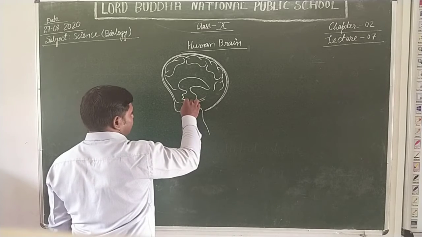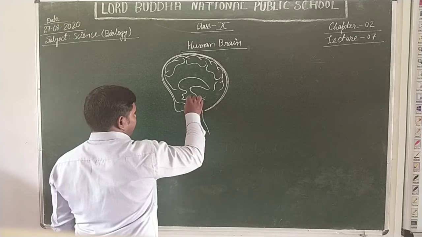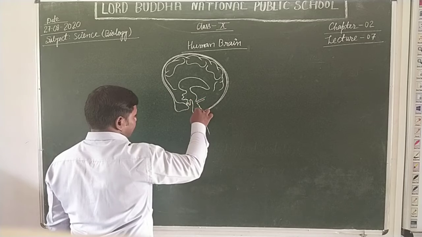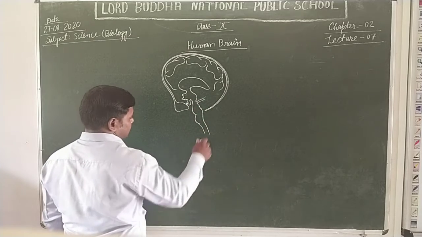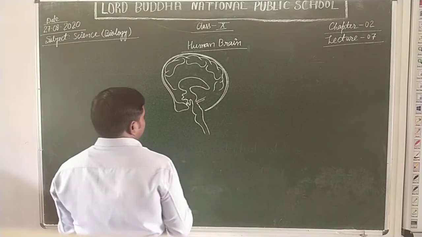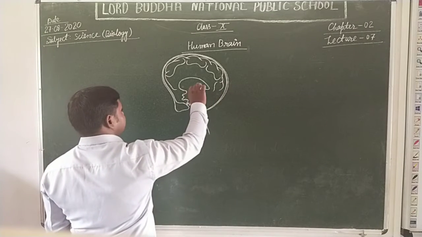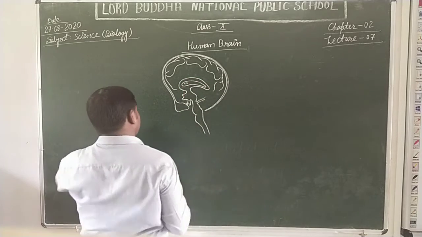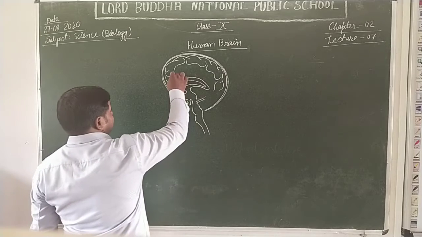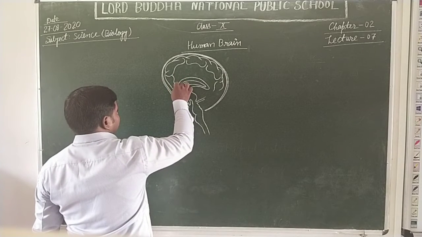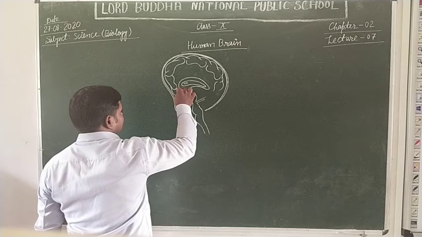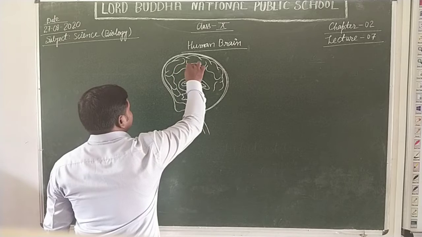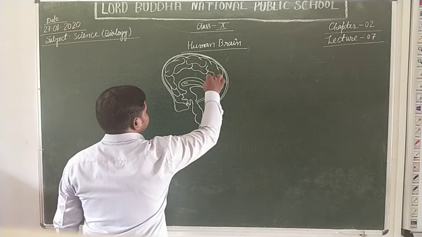This is the region of the thalamus, where the master gland pituitary lies. This is the brain stem, and this structure that helps in dividing the first part of the brain, the cerebrum, is known as the corpus callosum.